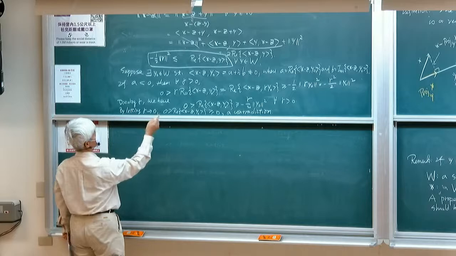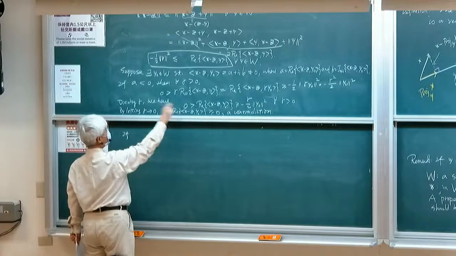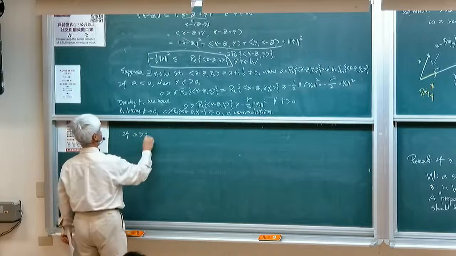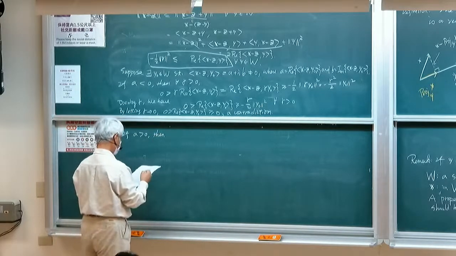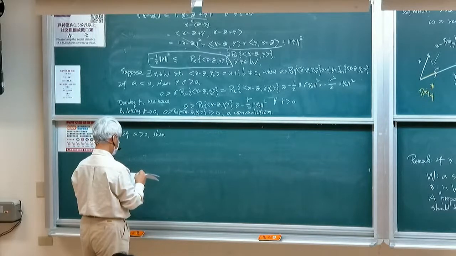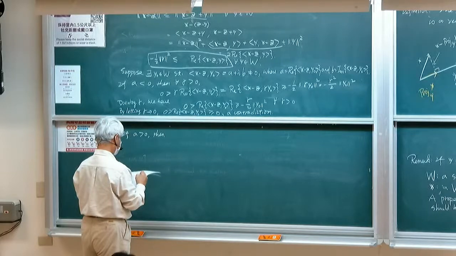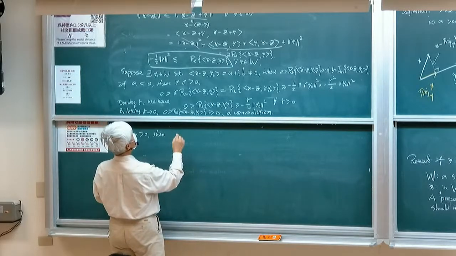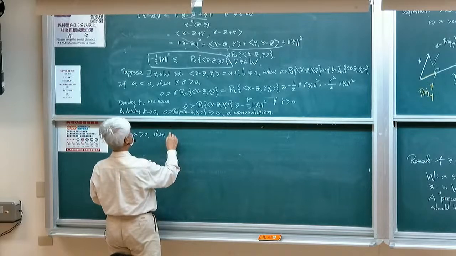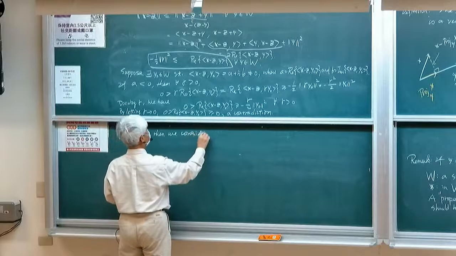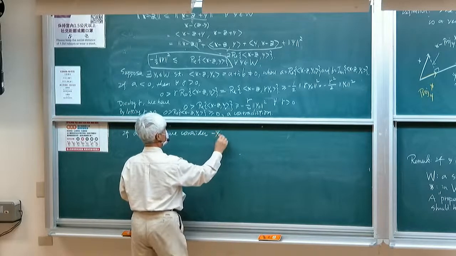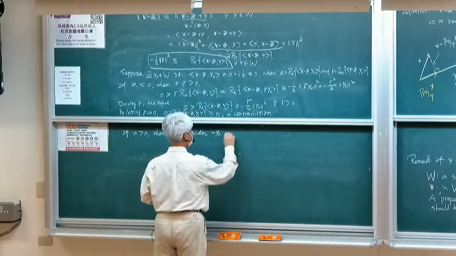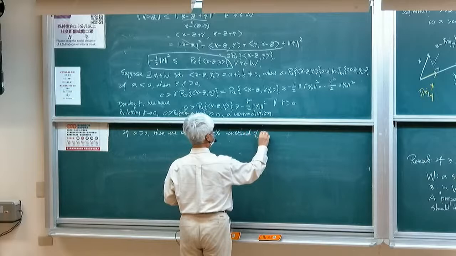Now, if this way is incorrect, so if a is positive, okay, so if the real part is positive, then we consider minus y0 instead of y0.